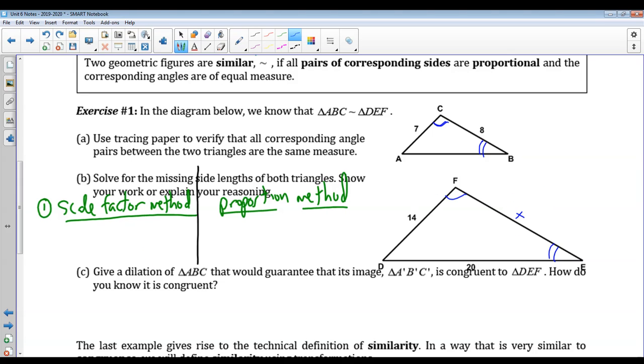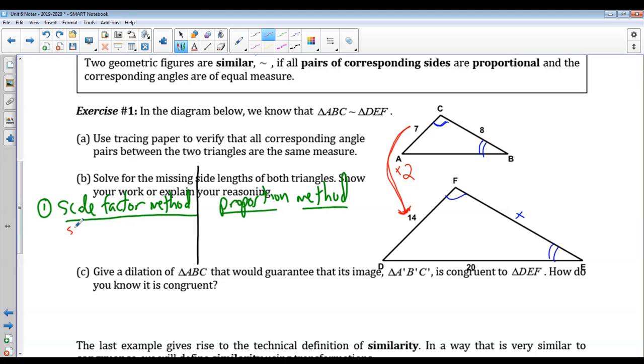So the first thing that we can do is use the scale factor method. This one's actually very straightforward. It's a nice whole number. So the two pair of sides that I know, the 7 is mapped onto the 14 using this dilation, this scale factor. And we can easily look at that: 7 times 2 is 14.